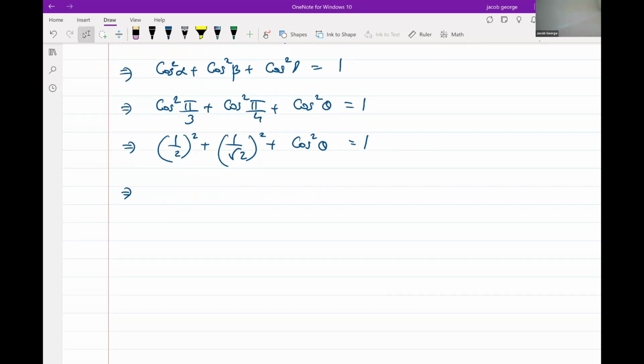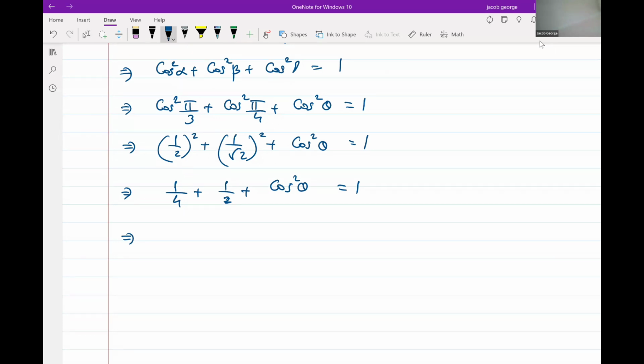1 by 2 square is how much? 1 by 4. So 1 by 4 plus 1 by 2 plus cos square theta is equal to 1. What is 1 by 4 plus 1 by 2? 3 by 4.